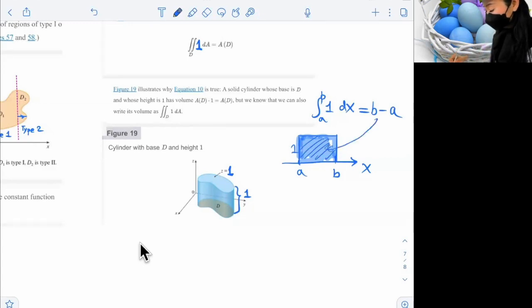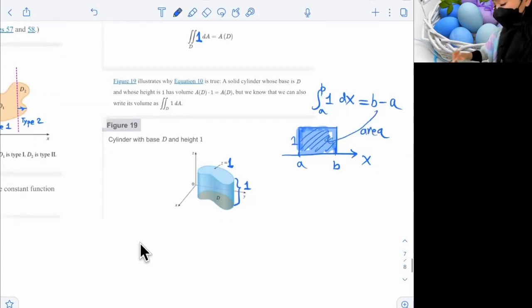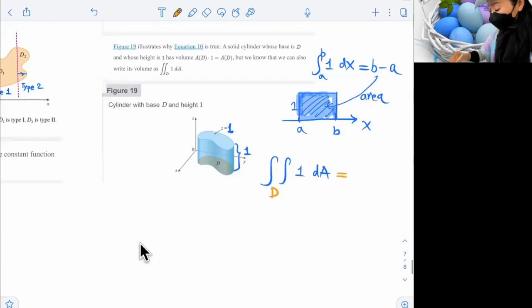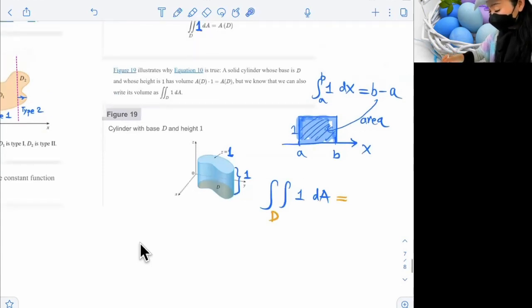And now when we do the double integral of 1 dA, where A here is this region D, that's equal to the volume above this region, and that's equal to the area of D, this area over here.